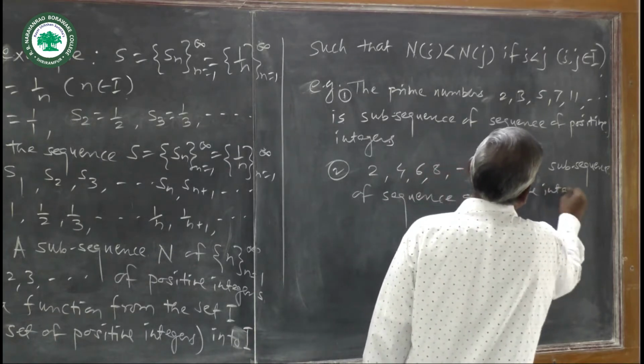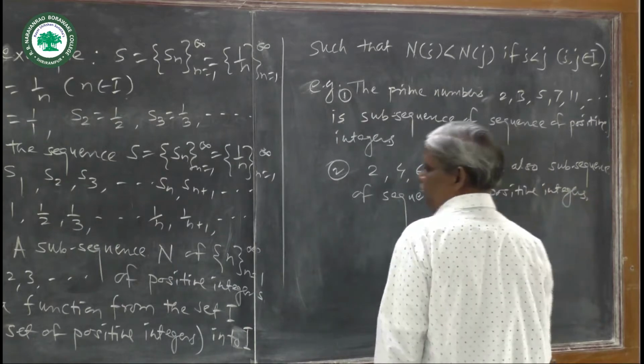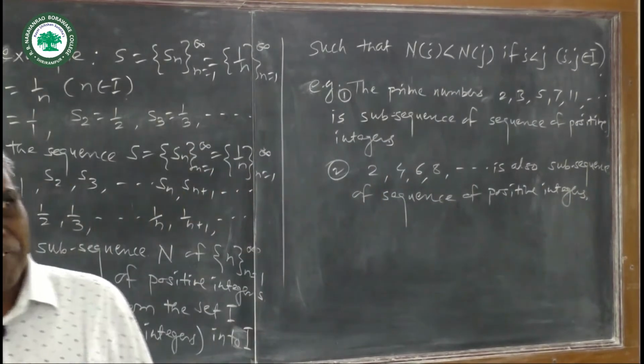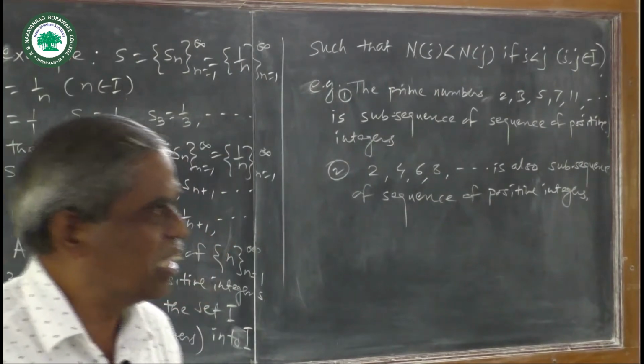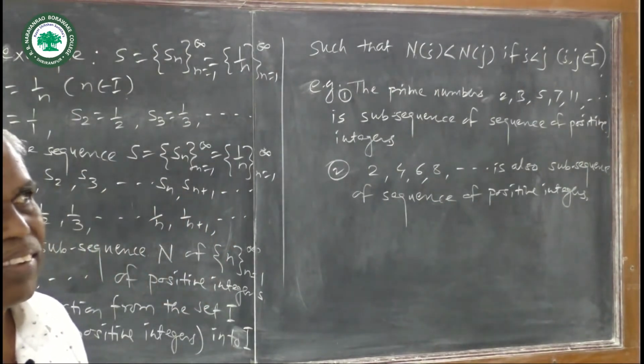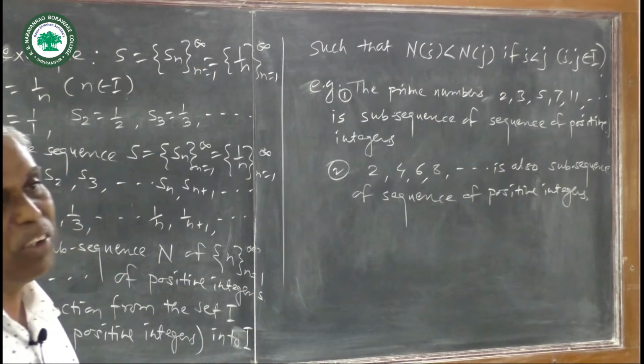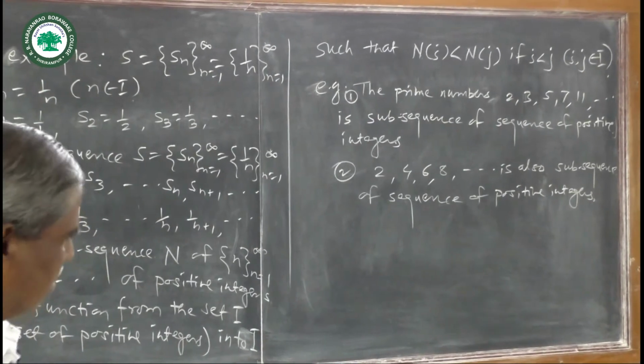Again, 1, 3, 5 and so on, odd numbers, is also a subsequence of the sequence of positive integers.